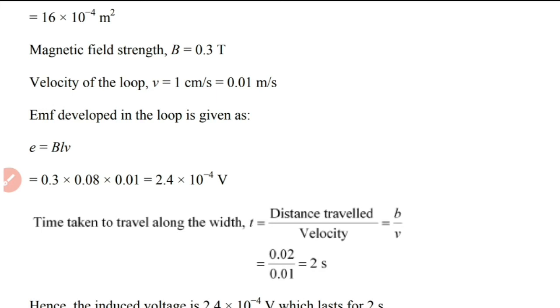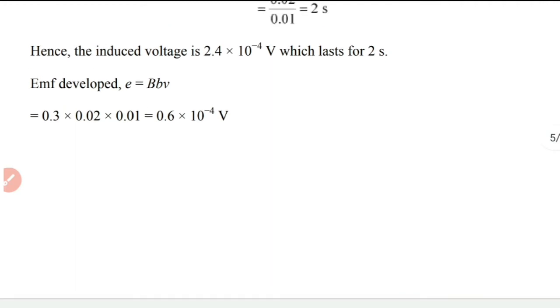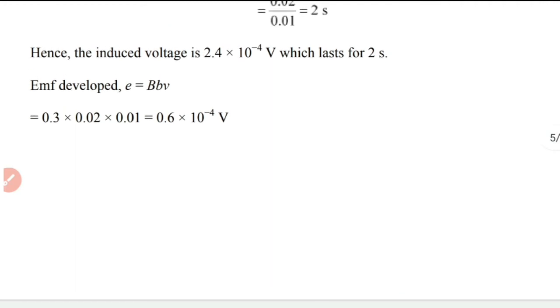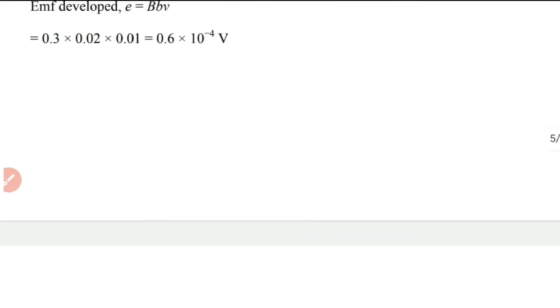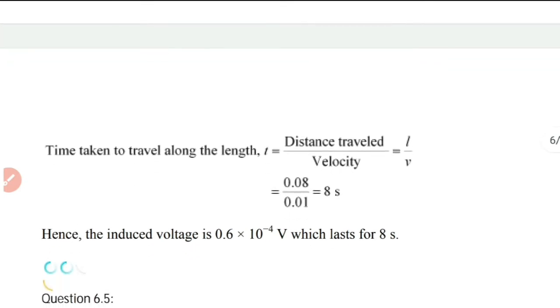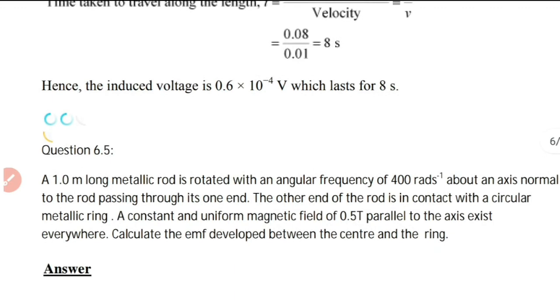Time we have already discussed. And in the second case, when it is dragged perpendicular to the shorter side, it becomes 0.3 into 0.02 into 0.01, that is 0.6 into 10 raised to minus 4 volt, and the time, as I said, is 8 seconds. Now coming to question 6.5.